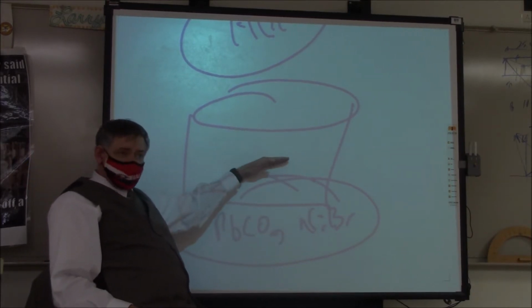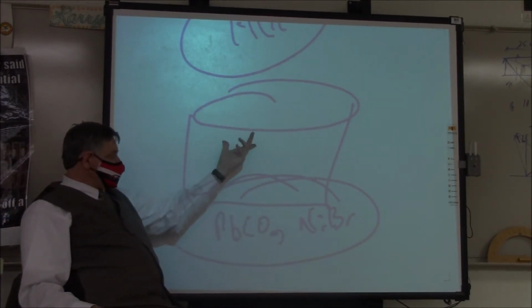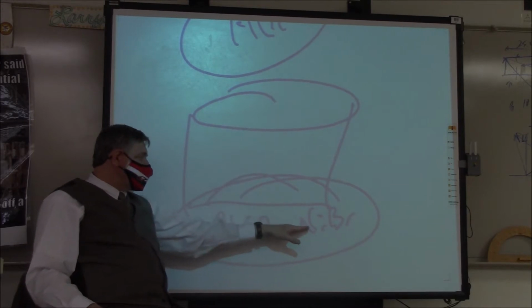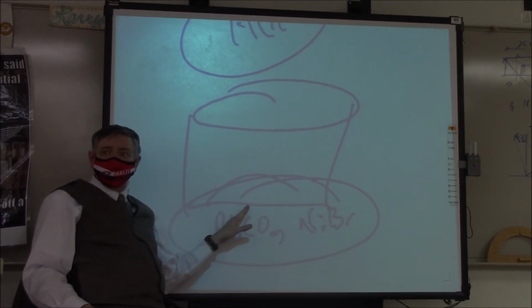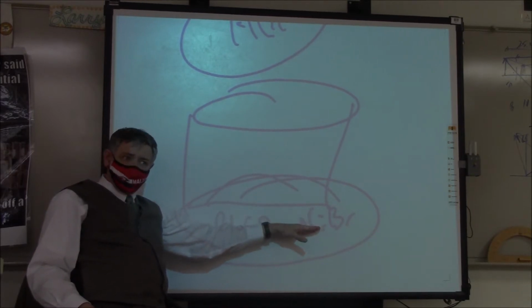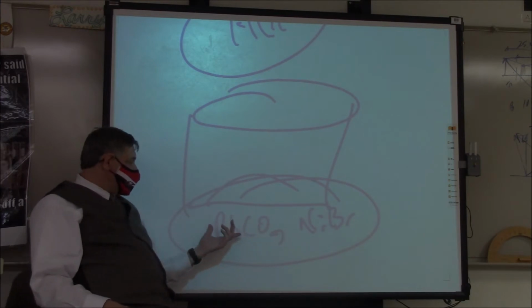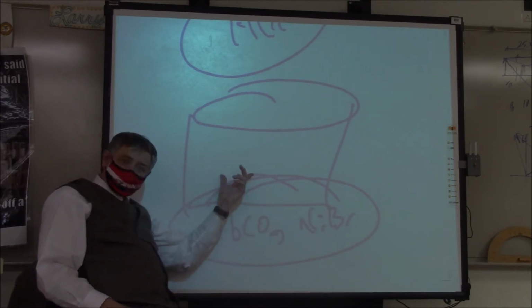And you add nitric acid or a strong acid to it. If you add a strong acid to this, the nickel bromide won't dissolve because the bromide isn't the conjugate base of a weak acid. The nickel bromide is just going to chill out, okay? Now, the lead carbonate would dissolve.